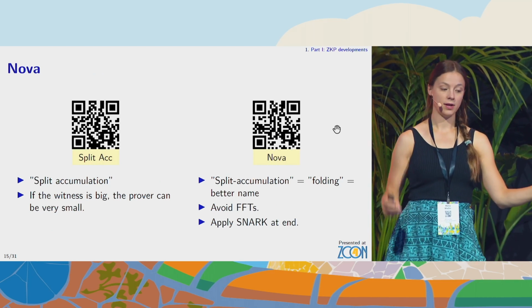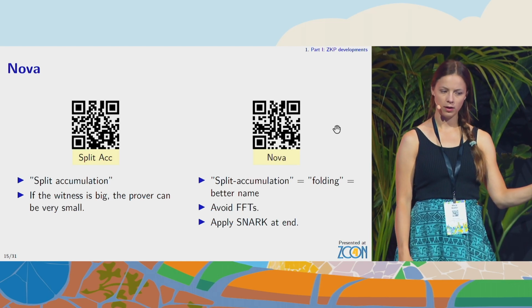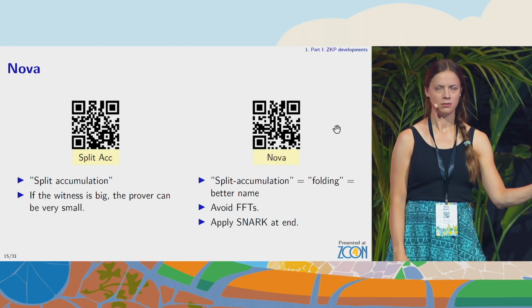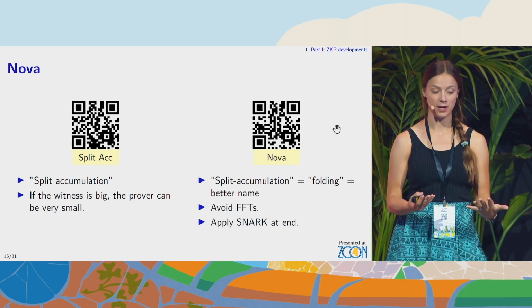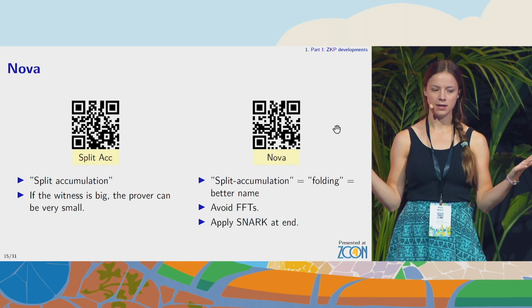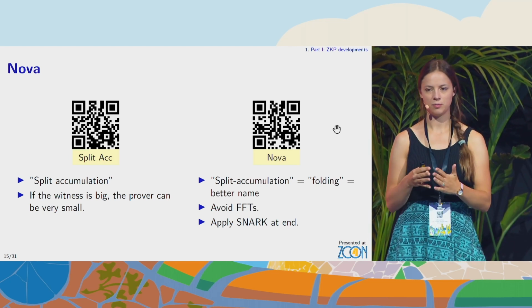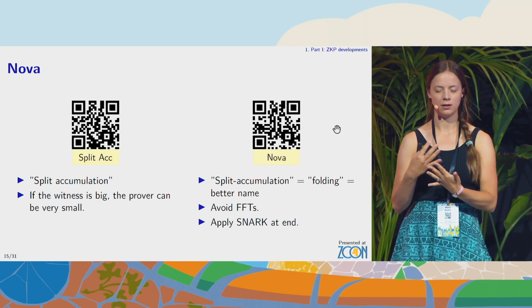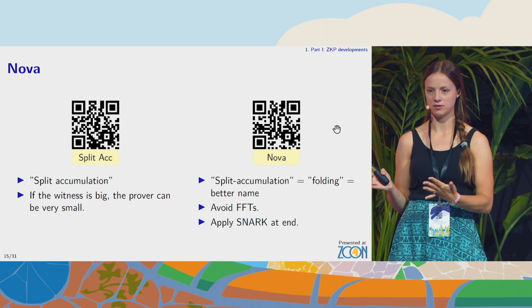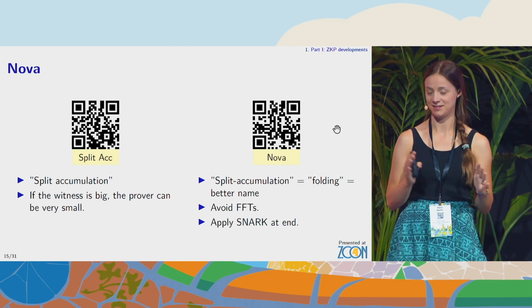Nova came a couple of years later, and really this was building on a theoretical work, I would say, by Benedikt Bünz, amongst others, where they named it split accumulation. And really the key insight here is that even if the witness is big, the prover can still be very, very small, because you can just do simple random linear combinations and not worry about doing anything too complicated, and great things happen.